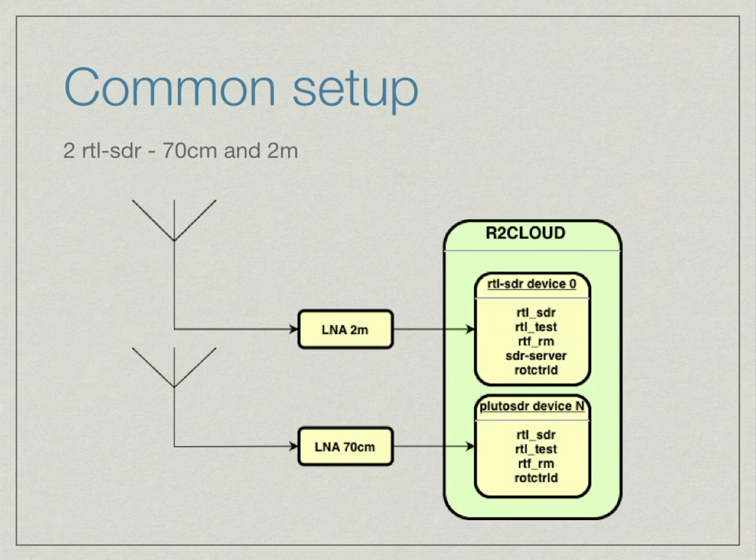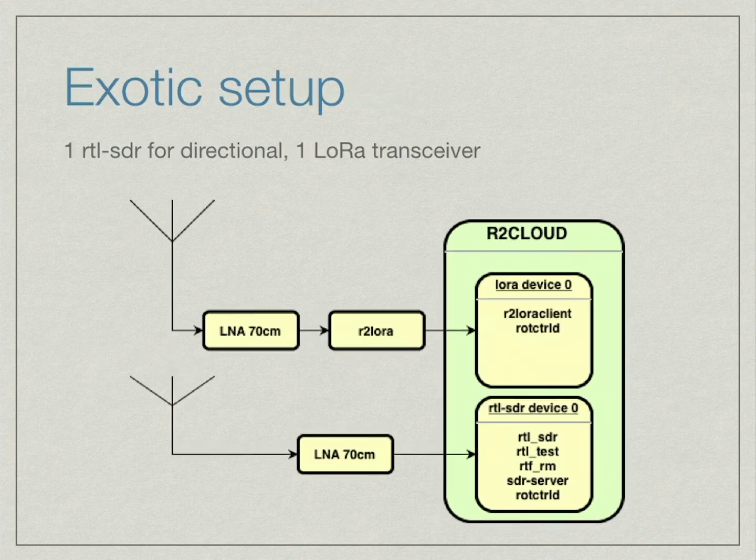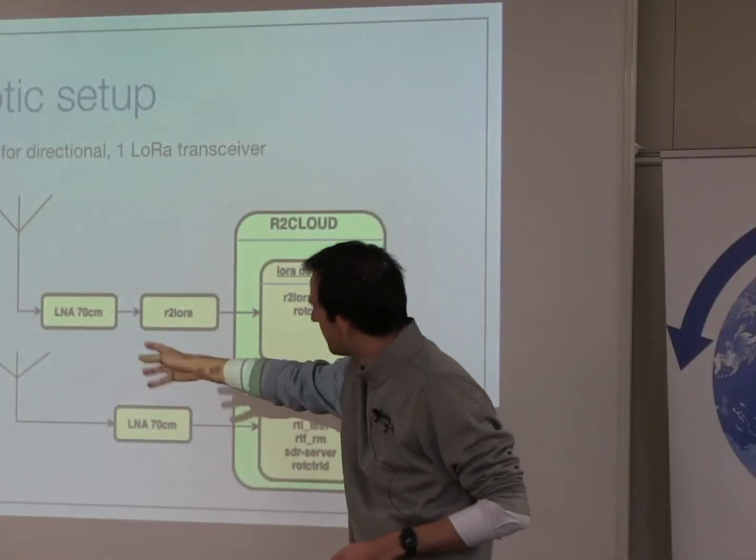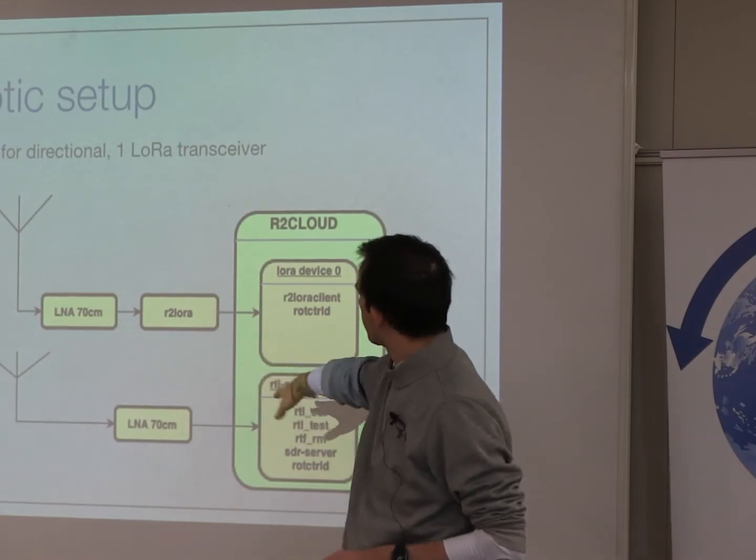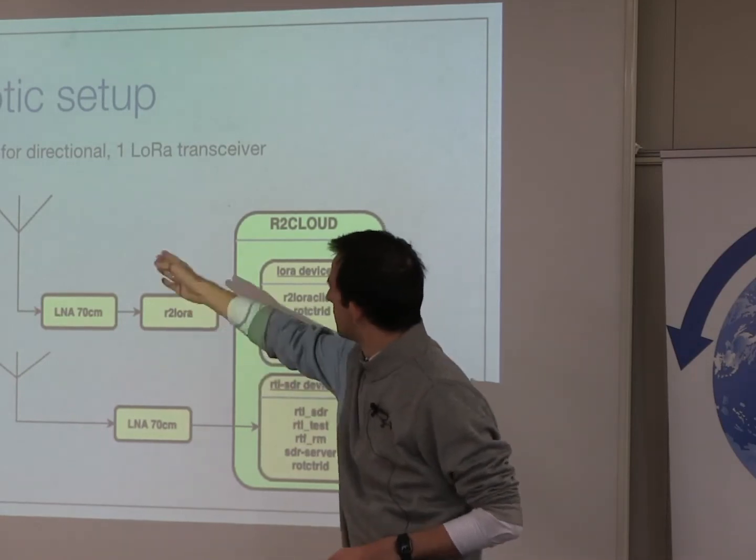And yes, you can receive two satellites simultaneously on different frequencies and process them. A bit more exotic setup is when you have an LNA for the 70 centimeters downlink, LNA, antenna, etc., and you have LoRa running in parallel.